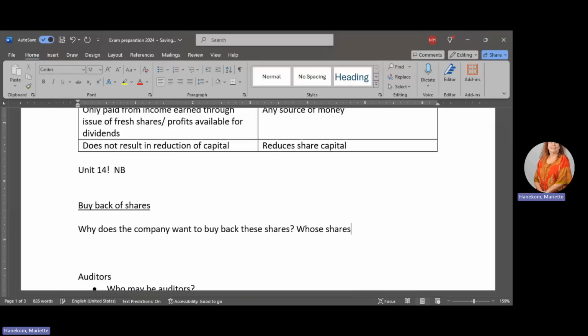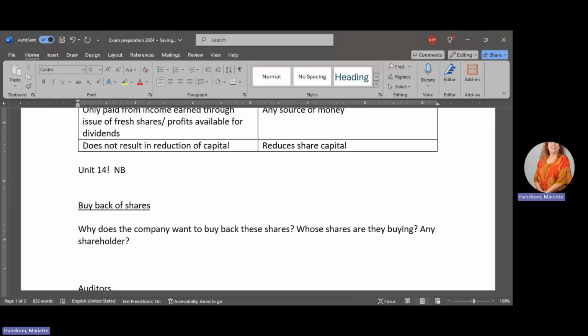Whose shares are they buying? Is it any shareholder? So not a specific shareholder, any shareholder, because they want to reduce the share capital, various reasons why companies can do that.